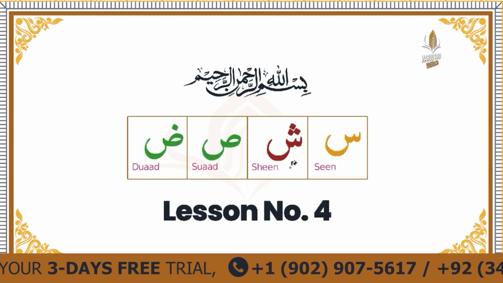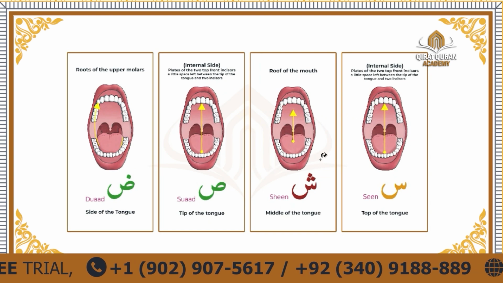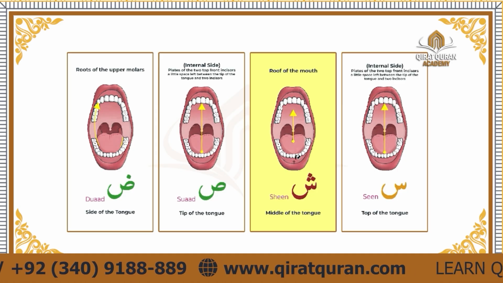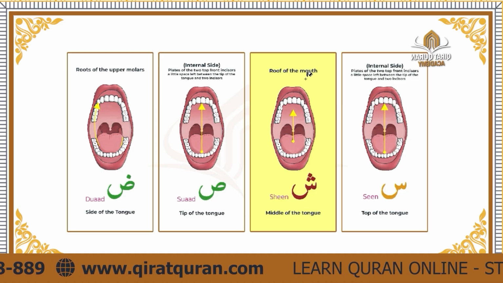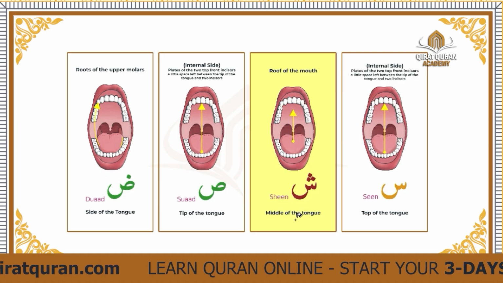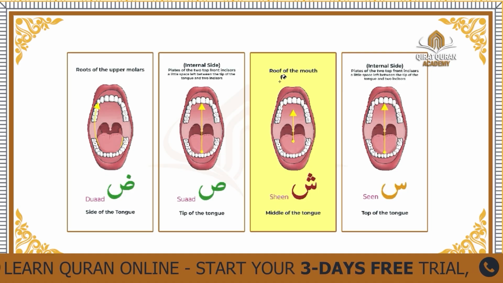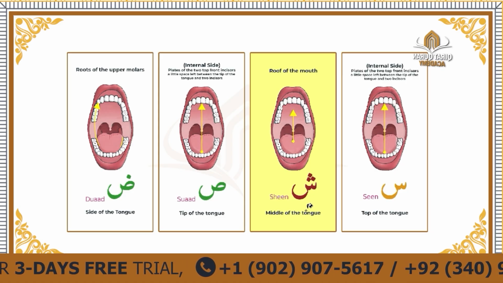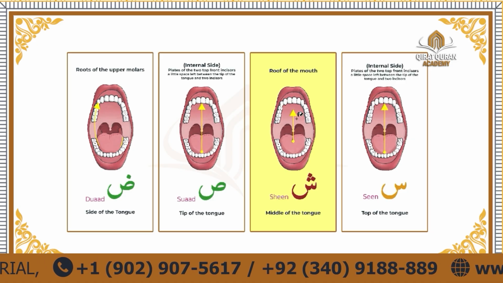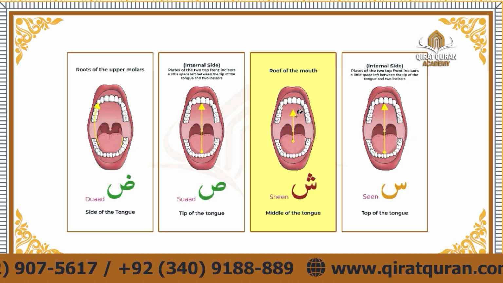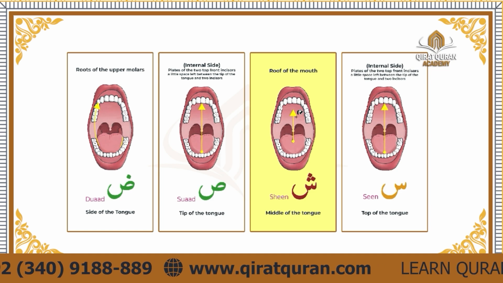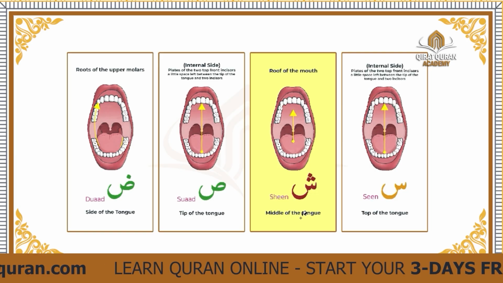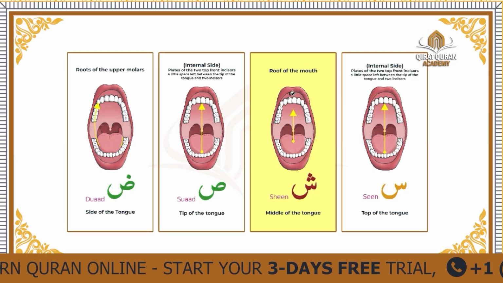Now, how to pronounce sheen? For pronouncing sheen, you have to use the middle of the tongue, and it will go towards the roof of the mouth. It will not connect to the roof of the mouth, but the middle of the tongue, this part, will go towards the roof of the mouth.